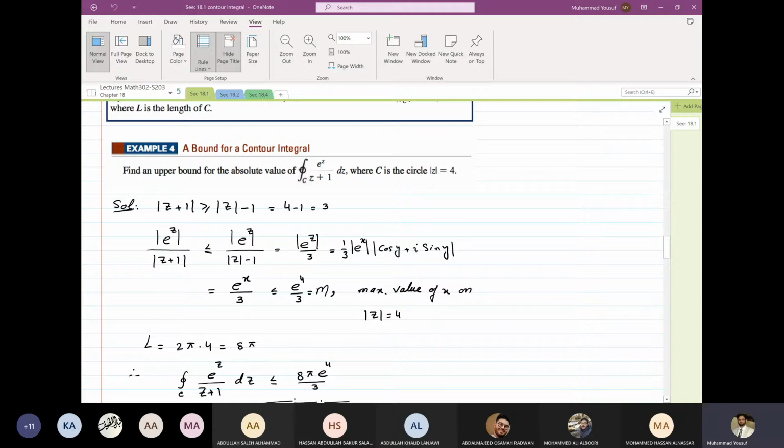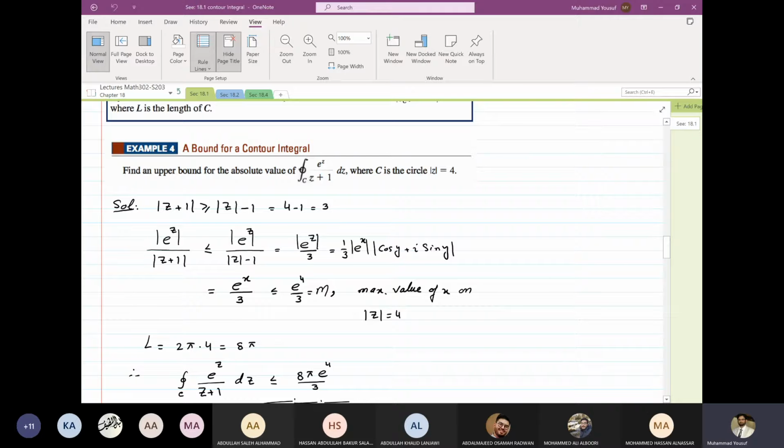Now, can someone tell me a point on a circle of radius 4? For example, x is 4, y is 0. Now when we put x equal to 4, y equal to 0, we have 4 plus 1, 5. 5 is greater than 3, correct? When x is negative 4 and y is 0, on the negative x-axis, then we have negative 4 plus 1, negative 3, absolute value 3, equal to 3.